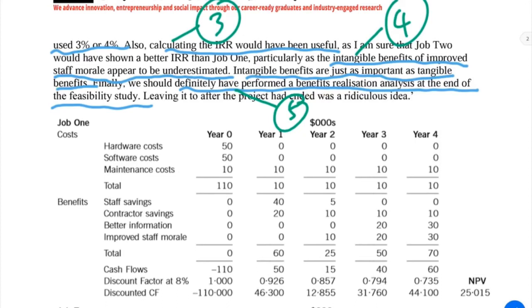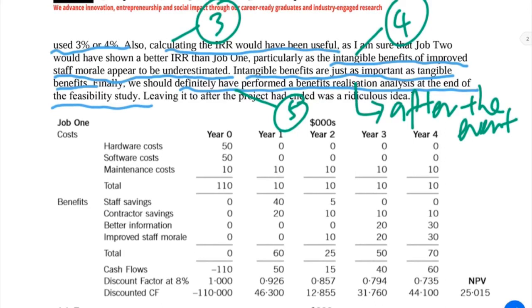But however, tell me, benefit realization analysis, the post-implementation review and the post-project review, is supposed to be after the event or before the event? I'm sure all of you are going to tell me, yes, it's important, but it's after the event, remember? Okay, try to understand this paragraph here.